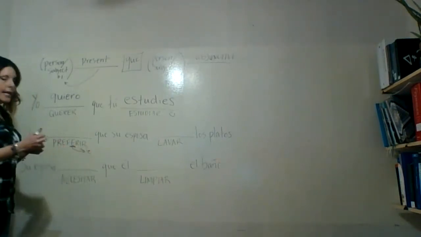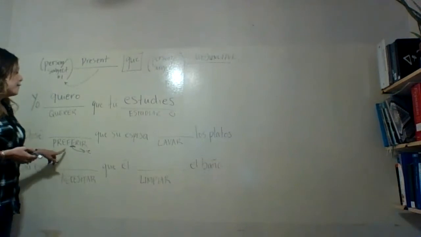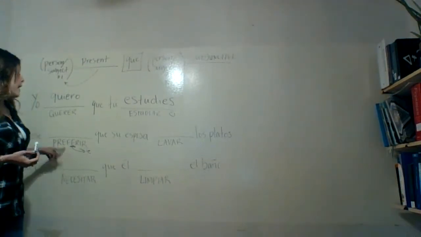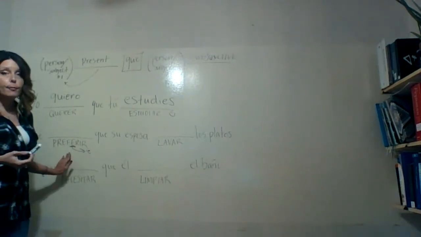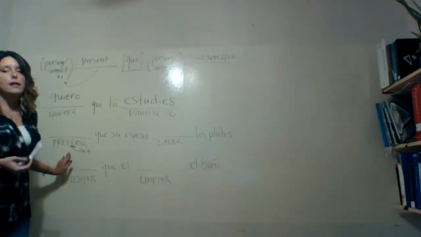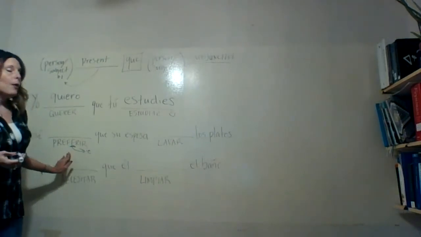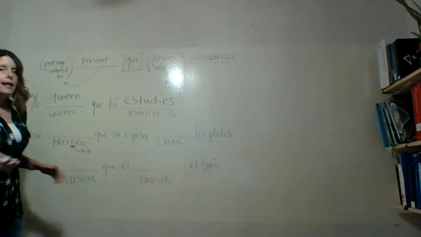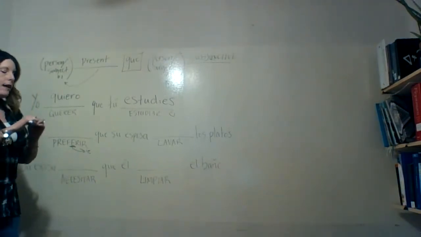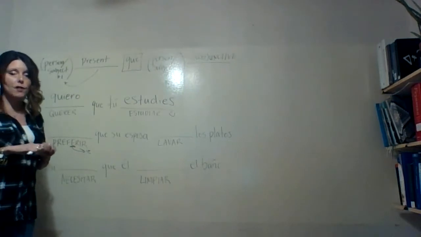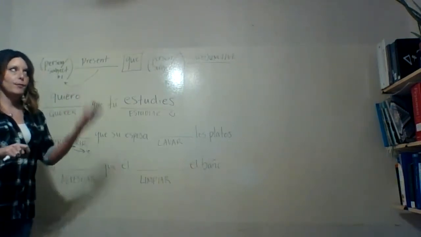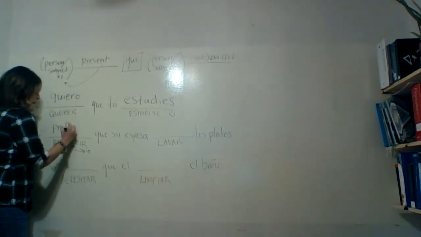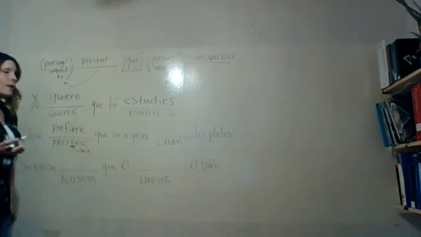If we remember back, present tense, Spanish 1, if I want to say Jose prefers, because preferir means to prefer, I will do Jose prefiere. And prefiere is that way because it is an E to IE stem change verb in the present tense, which would be Spanish 1 curriculum. I'm going to write that in. So we have Jose prefiere.